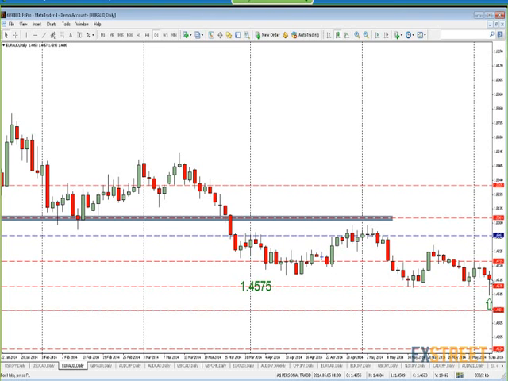But they weren't able to push the closing price above yesterday's low, right? Let me state that again. The closing price on this candle was not above yesterday's low. That is critical. That is important.